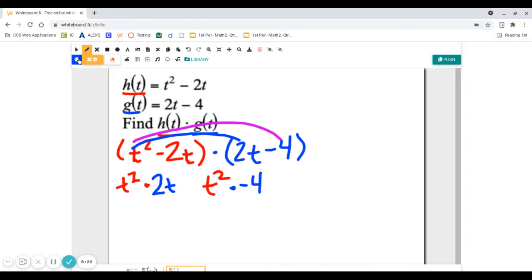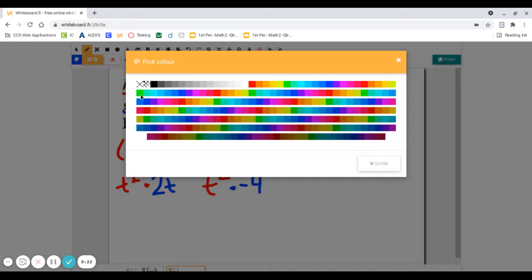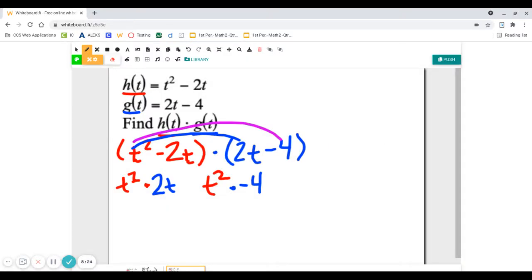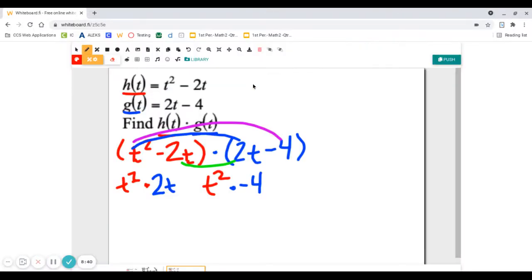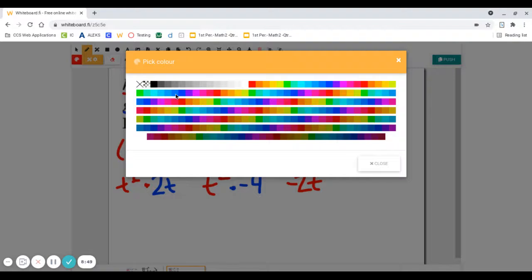Then once we have multiplied t squared by the two blue terms, now we can go on to the negative 2t and multiply the other two blue terms by the second red term we have here. So negative 2t is going to be multiplied by 2t. So negative 2t multiplied by 2t.